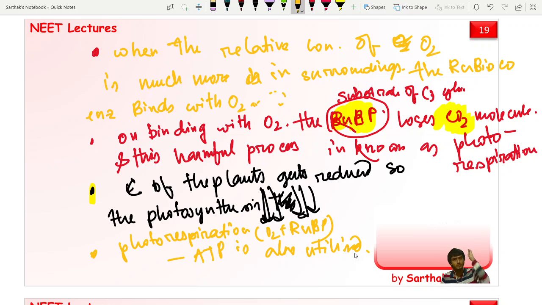Photorespiration is absolutely a harmful process for plants because firstly it does not accept carbon dioxide, so there is no profit. Rather, it loses carbon dioxide, it loses carbon, and it utilizes ATP. It does not benefit, but it harms.